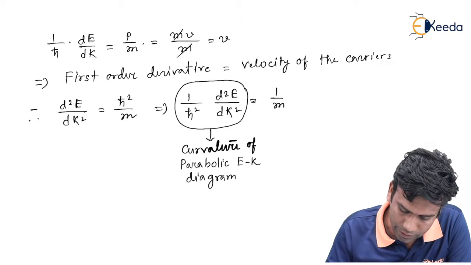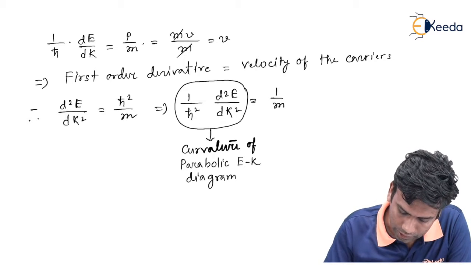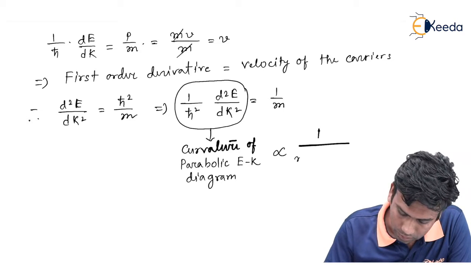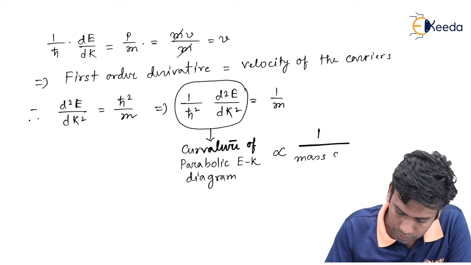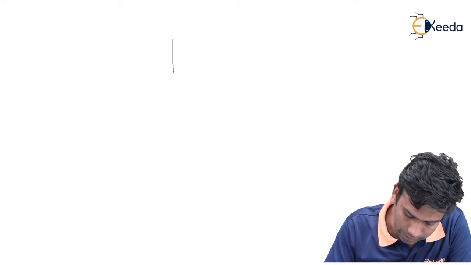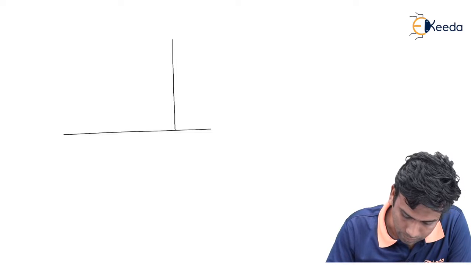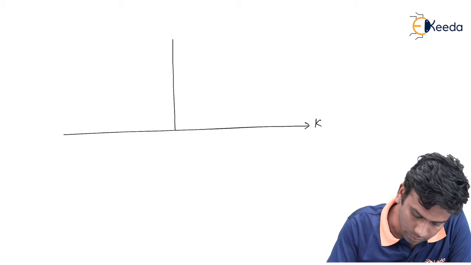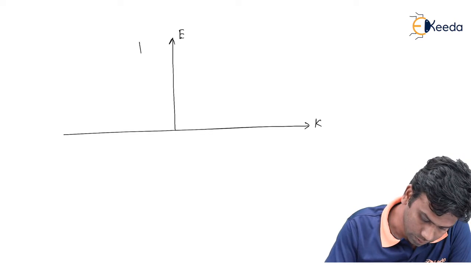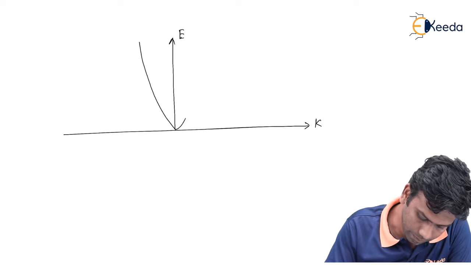That means the curvature of the parabolic plot is inversely proportional to the mass of the charges or carriers. So if we have a plot like this, suppose we have two plots, two E-k diagrams.